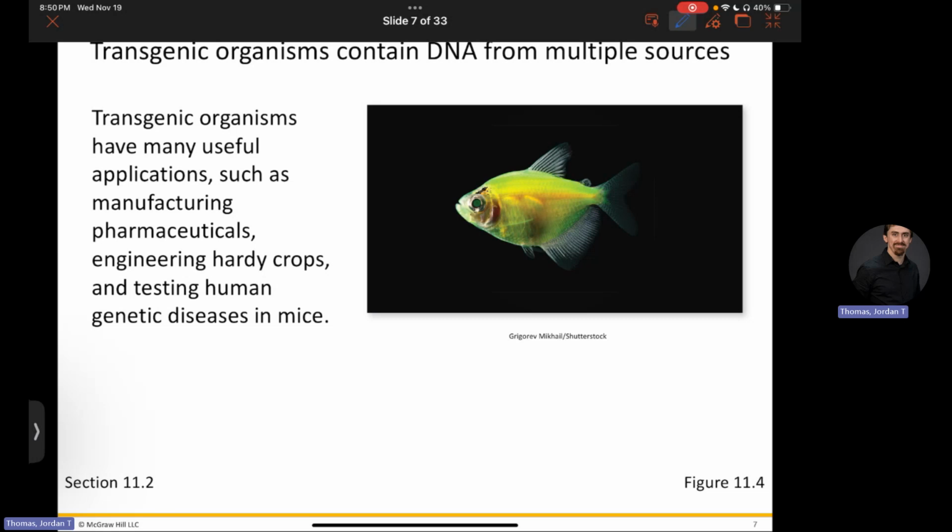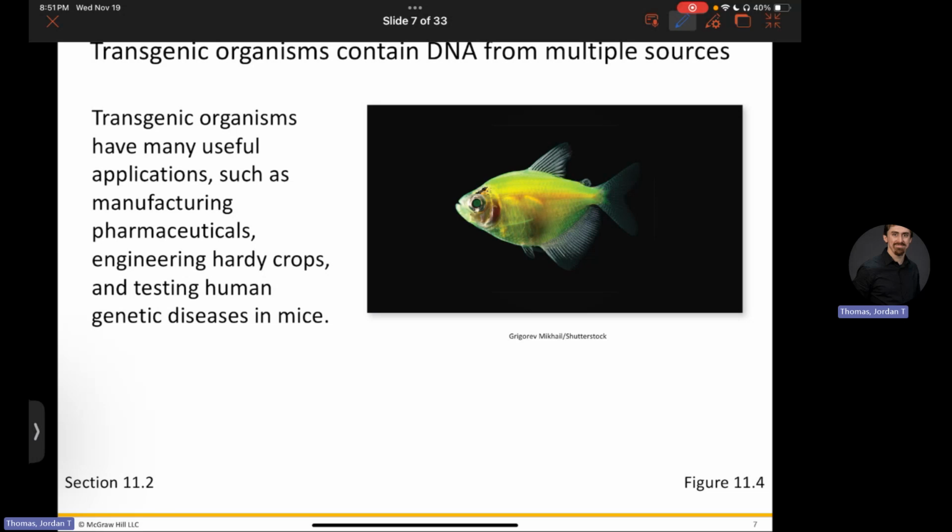In medical research, sometimes we take a gene that we know causes a disease and put it in an organism like a mouse, so that we can study the disease more ethically, look at how it functions, and make treatments and medicine for it. All these are examples of transgenic organisms because we're taking a gene from some other organism and putting it in.